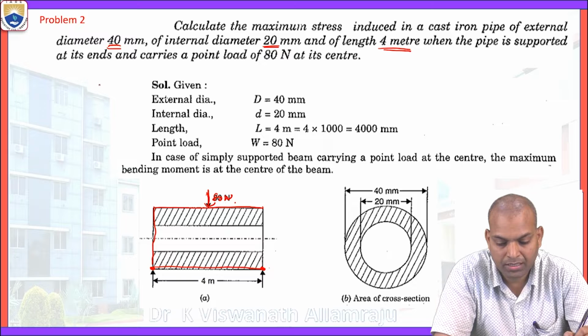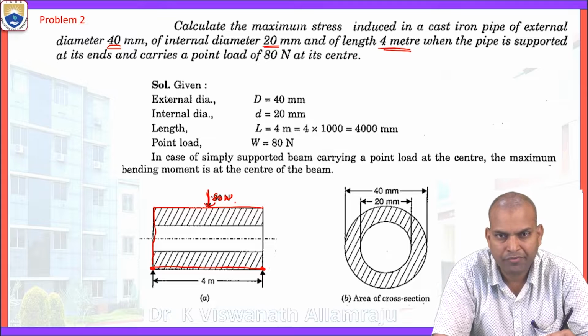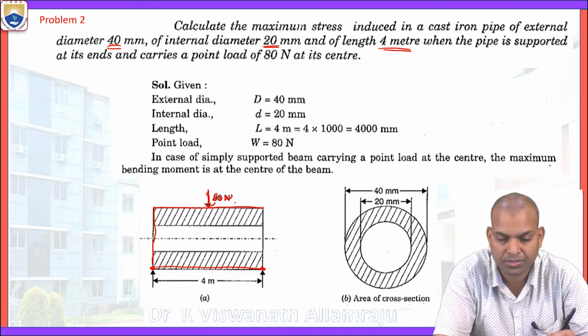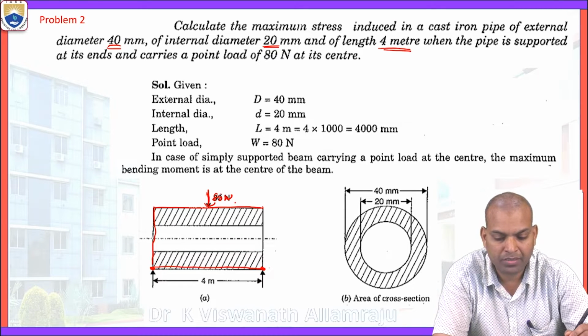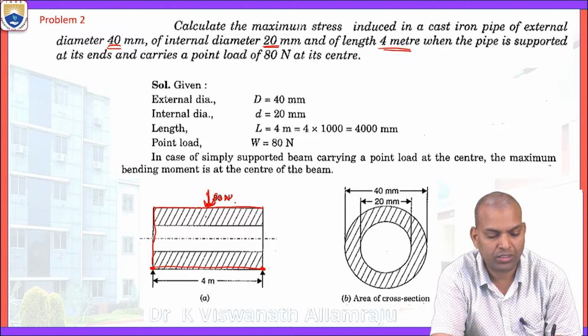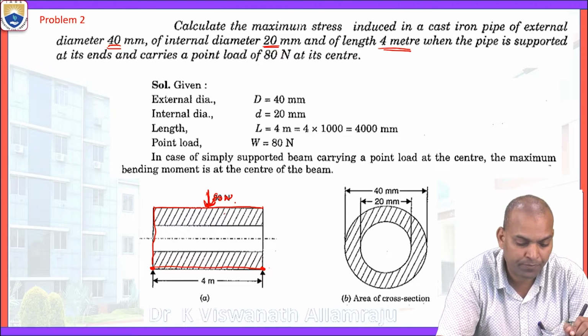Here the objective is the maximum stress induced because of this point load on the pipe, which has 40 millimeter external diameter, 20 millimeter internal diameter, and a length of 4 meters. When it is the point load, what is the maximum stress induced in this pipeline?